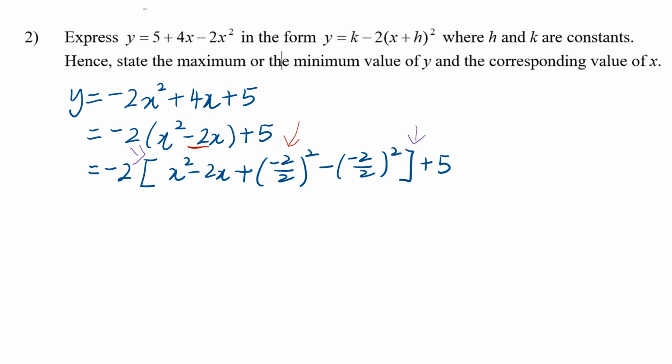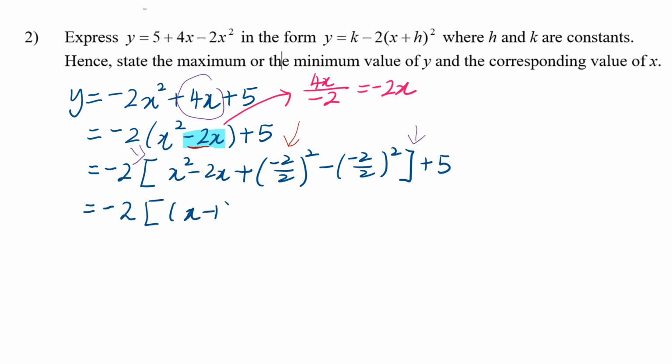So the next step is, oh yeah, I'll show you how I get negative 2 there. That is to take the original value, which is 4x, and divide by the common factor, which is negative 2. So 4x divided by negative 2 gives you negative 2x. So that explains the blue highlighted portion there.